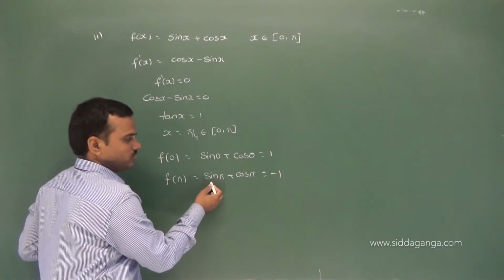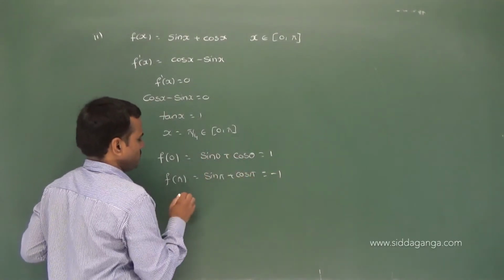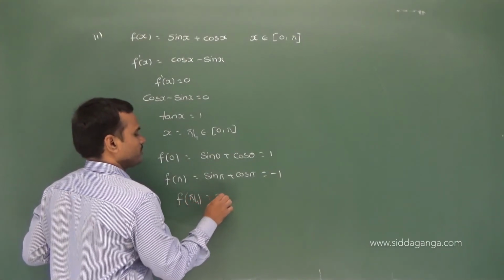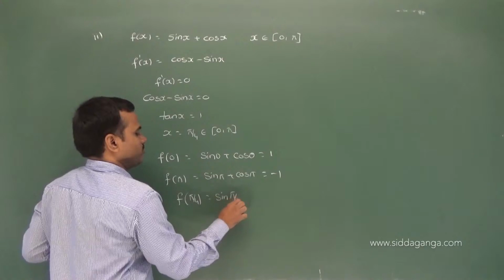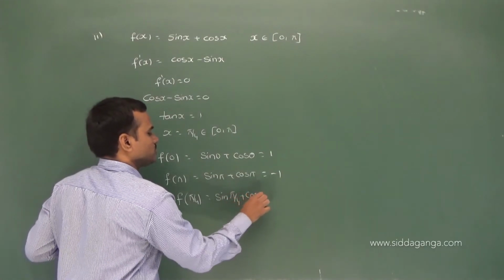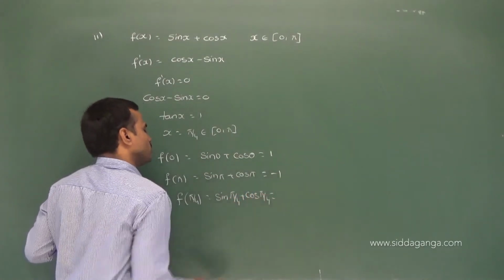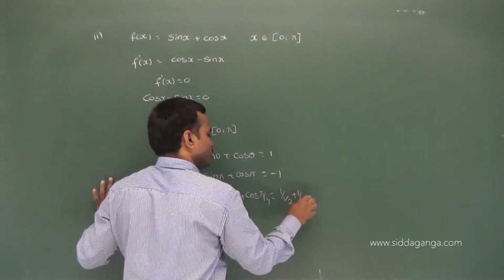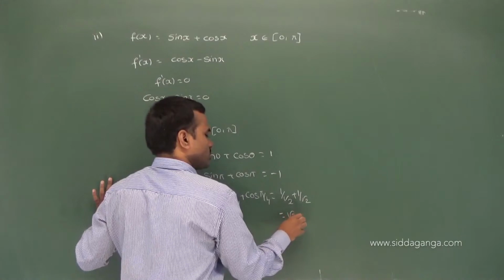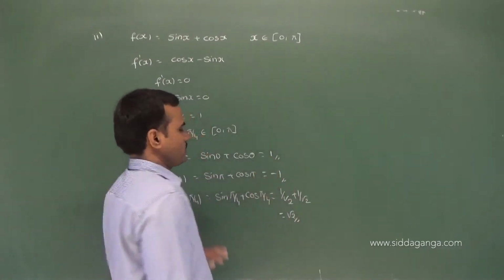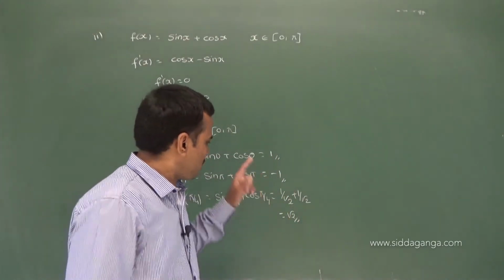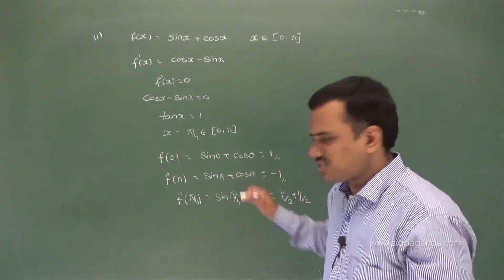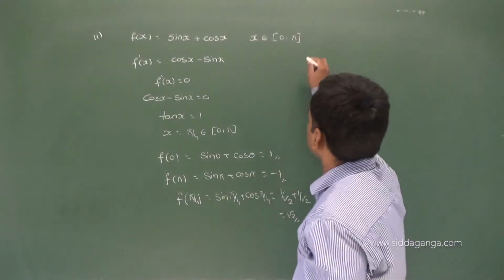Sin pi is 0, cos pi is minus 1. f of pi by 4: sin pi by 4 plus cos pi by 4, 1 by root 2 plus 1 by root 2, root 2. Correct? Among these three values, which one is least? Minus 1. Which one is highest? Root 2.